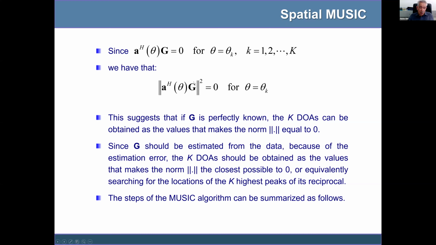So once we replace here the estimated G, the idea could be to find the k values of theta for which this quantity is the smallest. Instead of searching for the minimum of this quantity, the idea of MUSIC is to search for the location of the k highest peaks in the reciprocal.